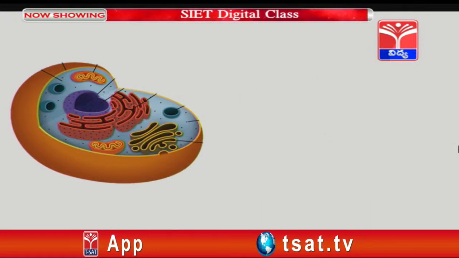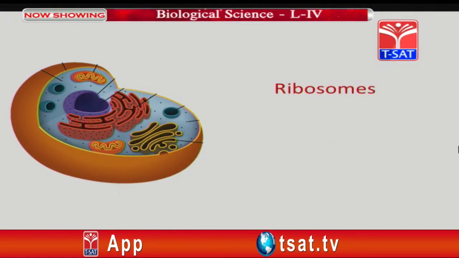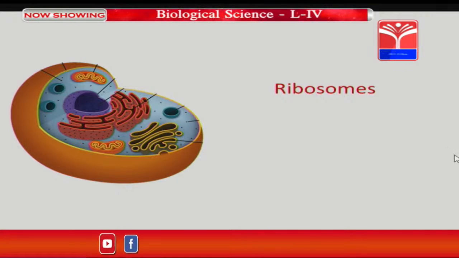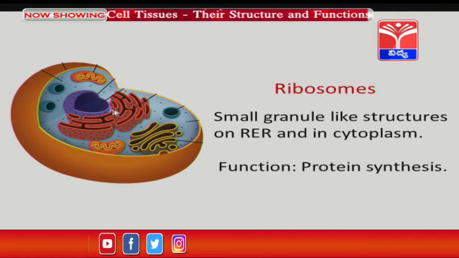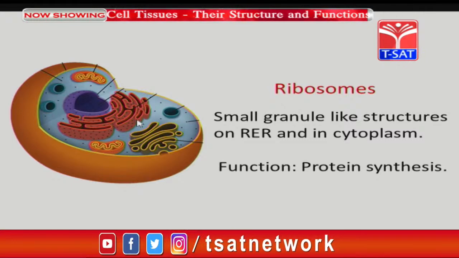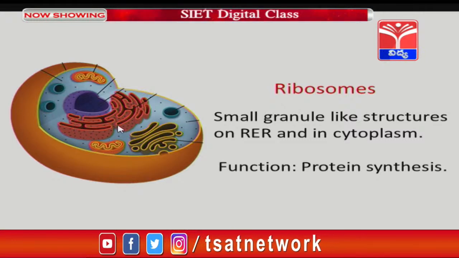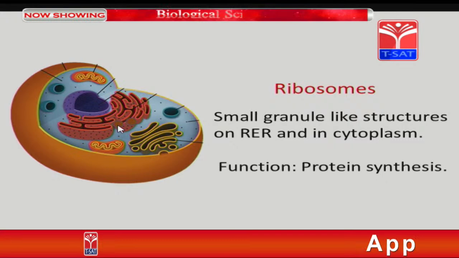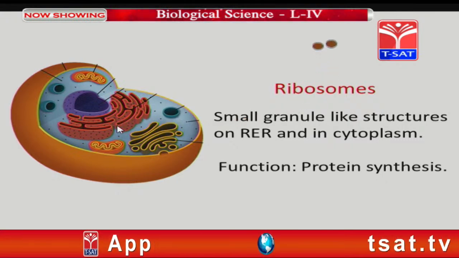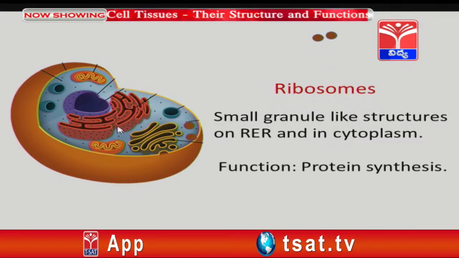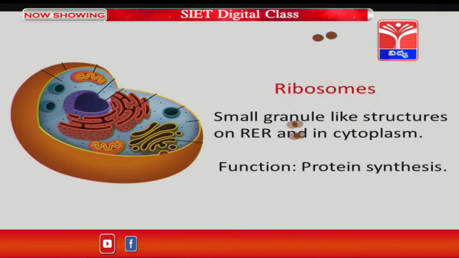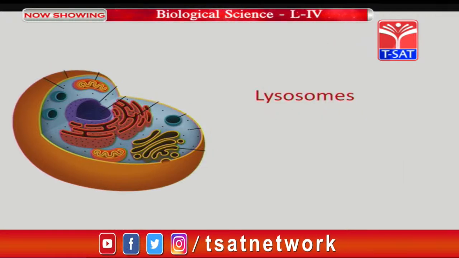Now, ribosomes. As we have seen earlier, ribosomes are present on the rough endoplasmic reticulum here. And also they are present in the cytoplasm freely. Ribosomes help in protein synthesis.